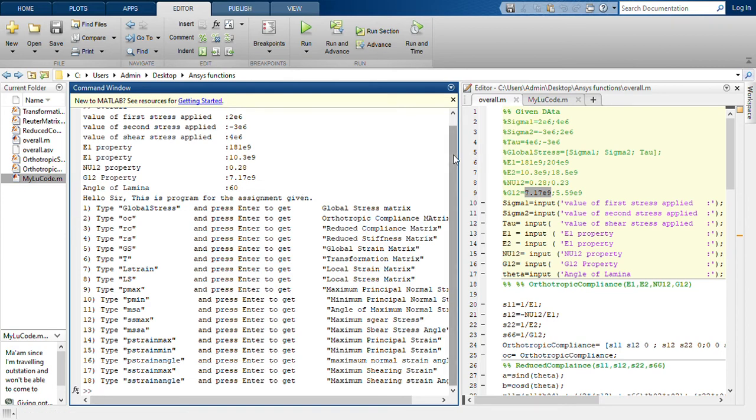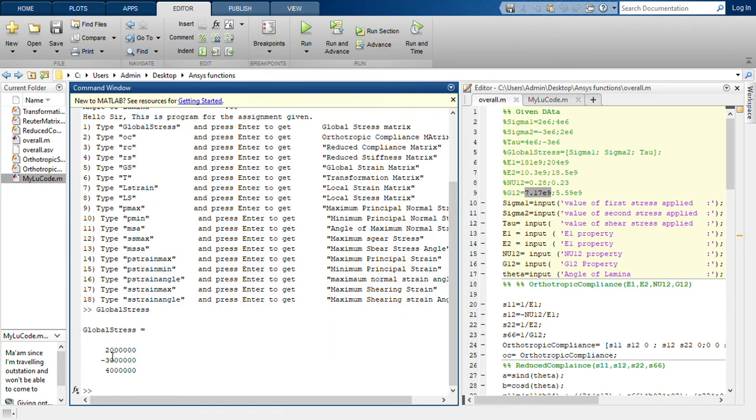Now these are all the options that are being asked. First type global stress and press enter to get the global stress matrix. I'm going to copy this, paste and enter.